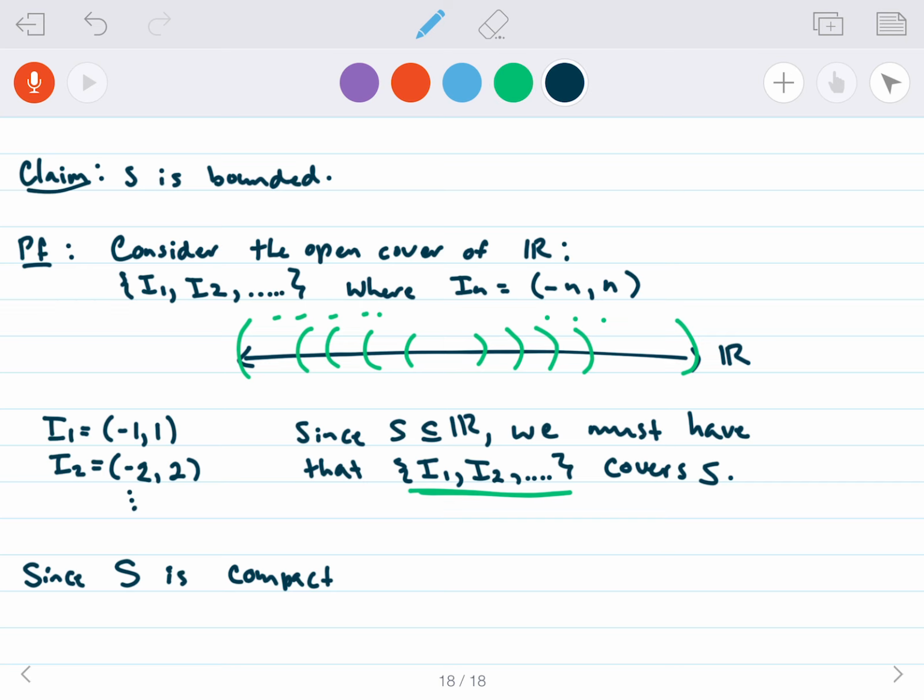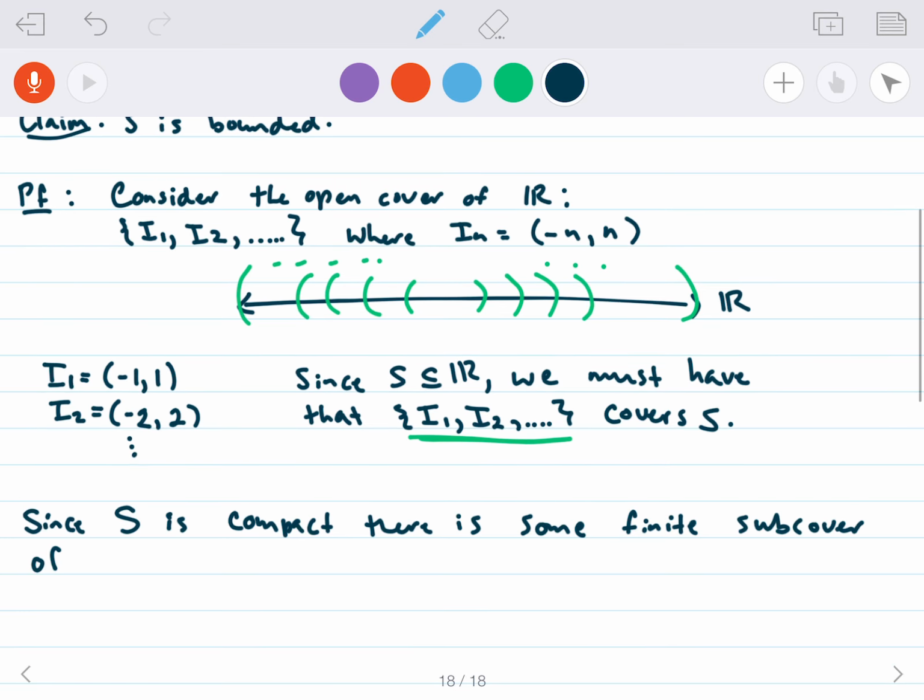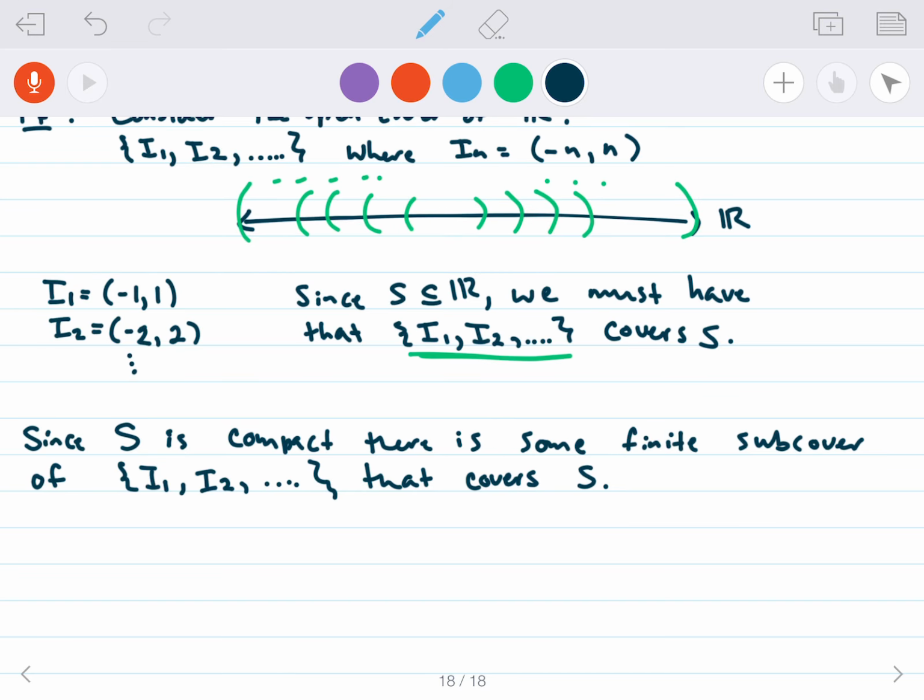Okay, so since S is compact, there is some finite subcover of I1, I2, ... that covers S. Okay, and so let's go ahead and write this subcover out.